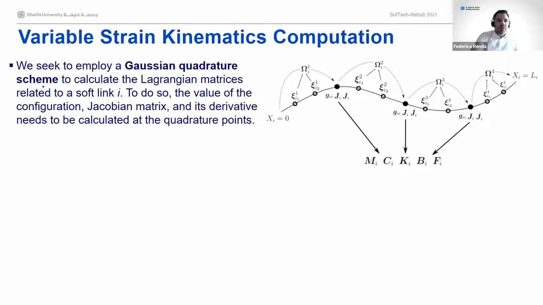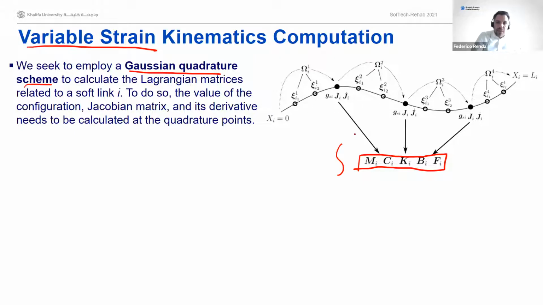Now, let's move to the general variable strain case. So now we don't have any more a fully analytic expression. We want to compute those Lagrangian matrices that are integrals of stuff. So the natural choice is to use a Gaussian quadrature scheme.